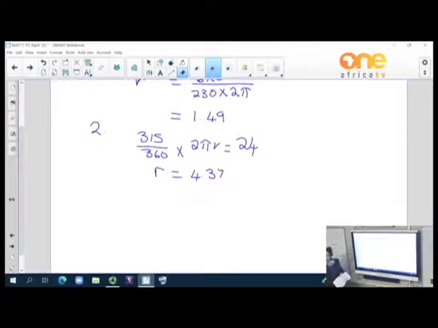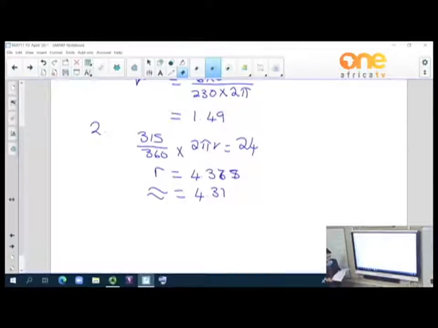But it is important, what was the one that you got before you rounded? 4.365. Okay, but still, we want it because we're going to use it in the next one now. So it's 4.37 when you round off. Now they say at B, the length of the minor arc is required.